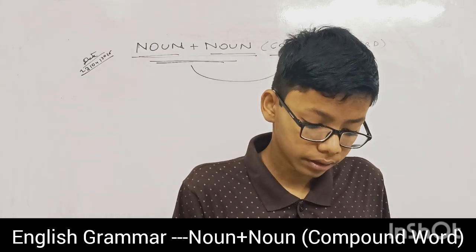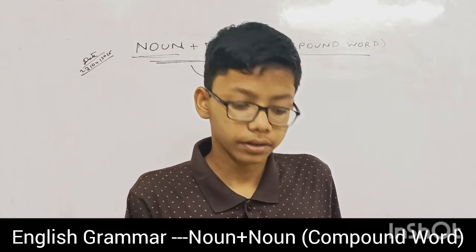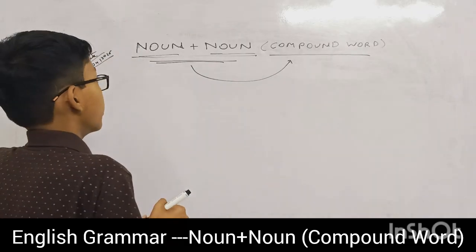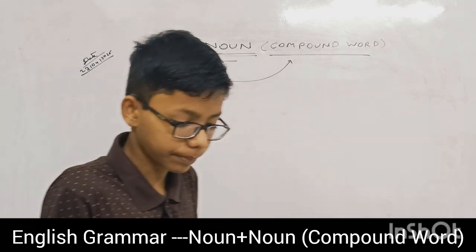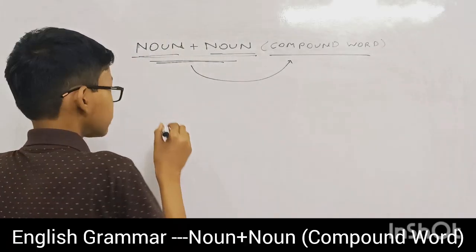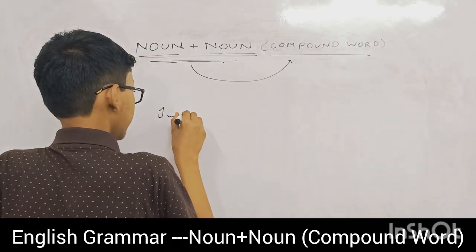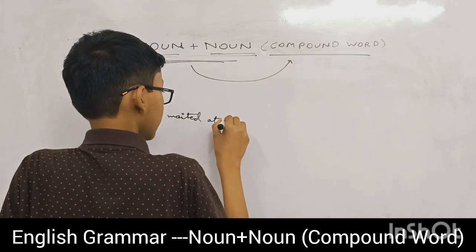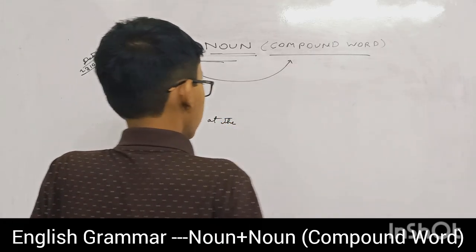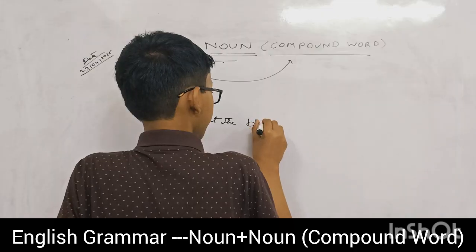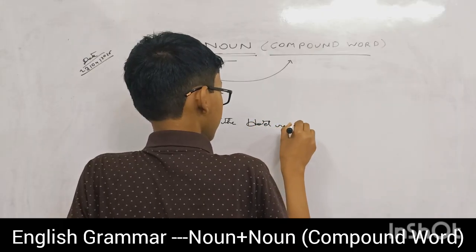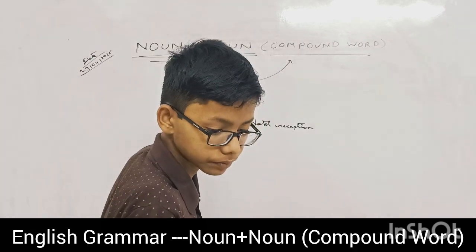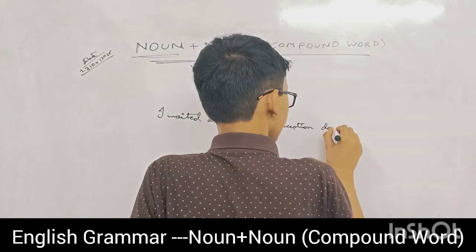Sometimes there are more than two nouns together. There can also be three nouns in the combination. For example, I waited at the hotel reception desk.